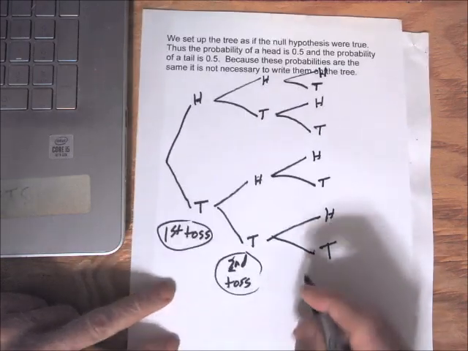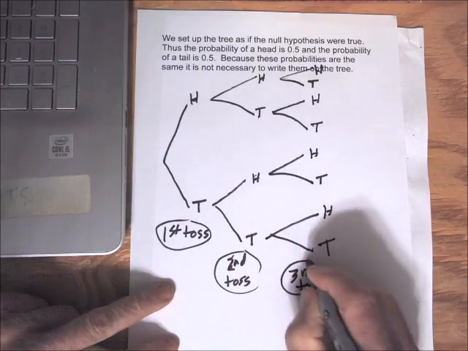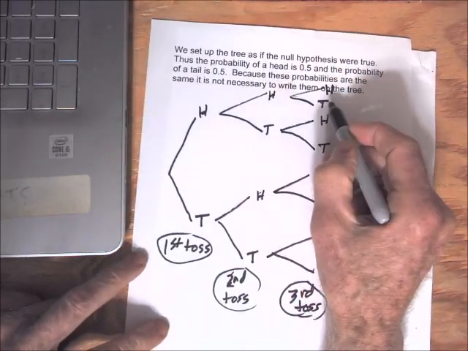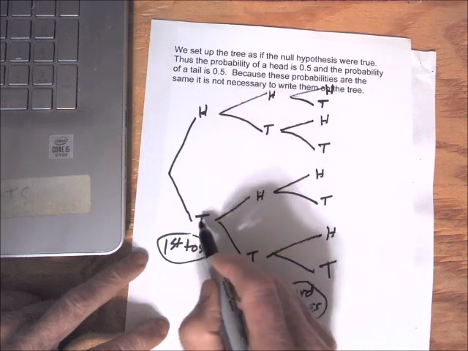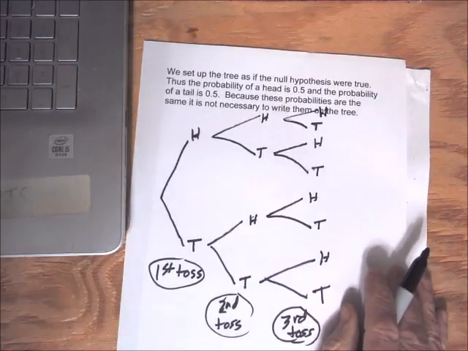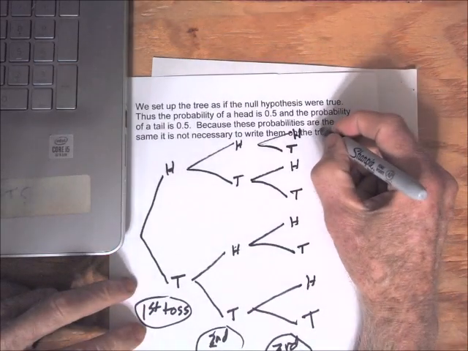So the third toss, either heads or tails. So we have 8 possibilities: head, head, head; head, head, tail; head, tail, head; head, tail, tail; tail, head, head; tail, head, tail; tail, tail, head; tail, tail, tail. Okay, so the fourth toss also either heads or tails.